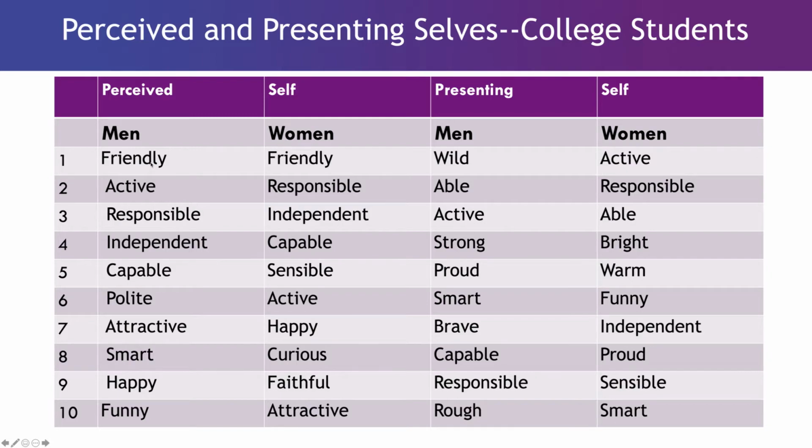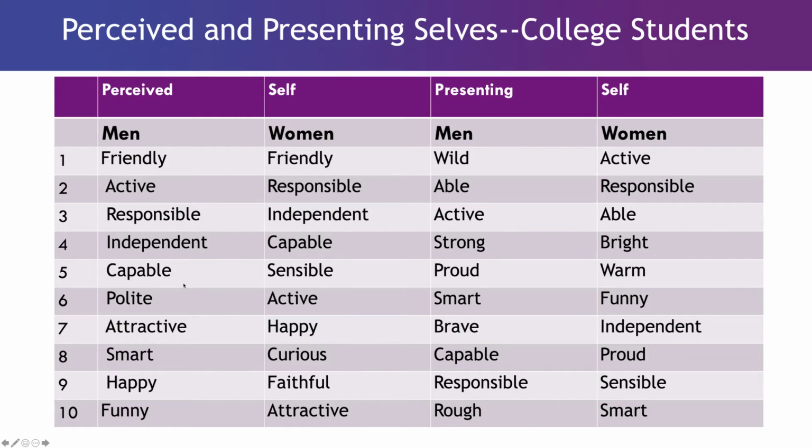So I thought it was interesting that you see friendly, responsible, independent, capable, happy. This is how people perceive themselves. All right, they might not be in the same order, but friendly, active, responsible, independent, capable.